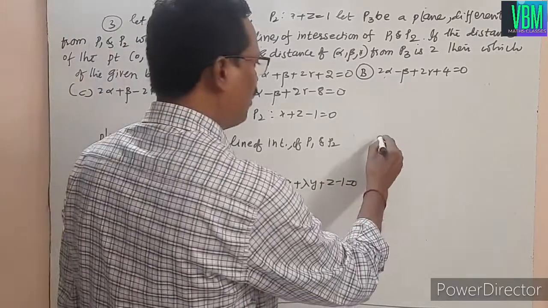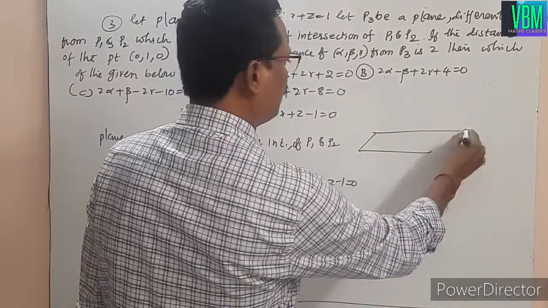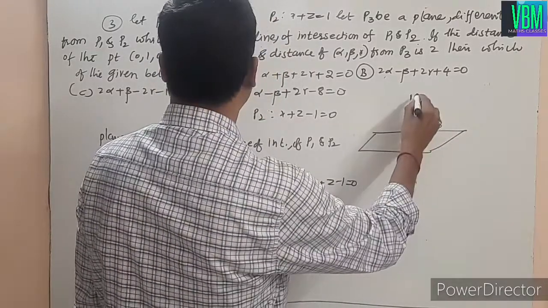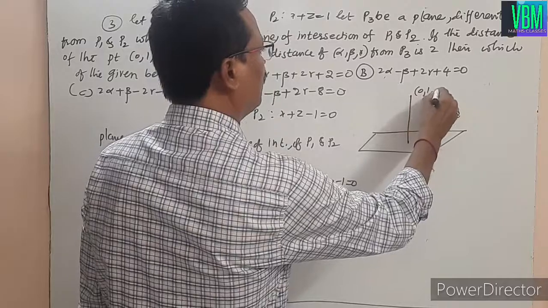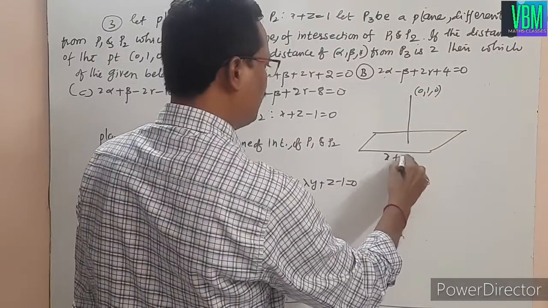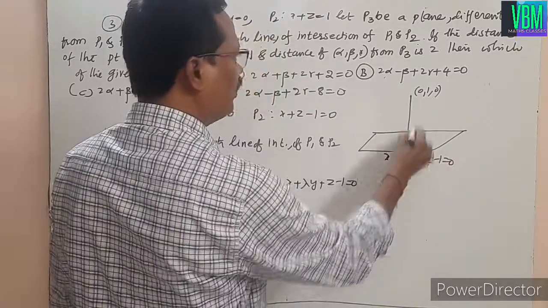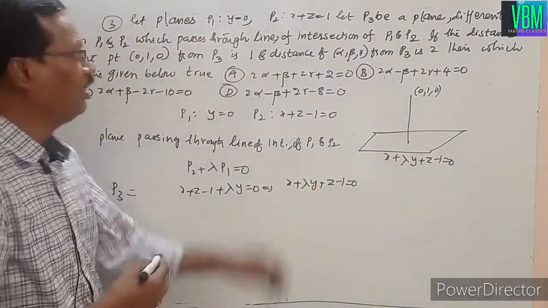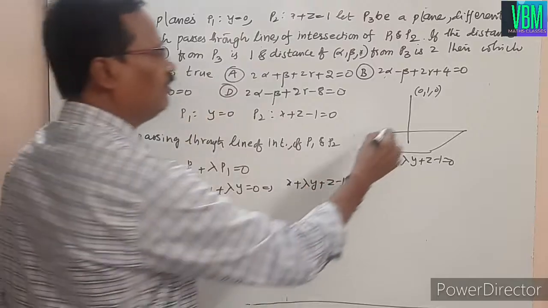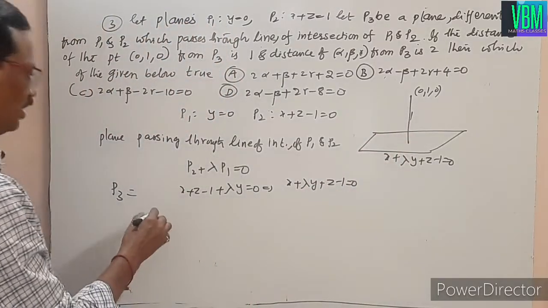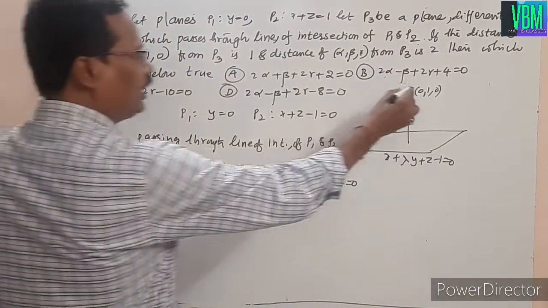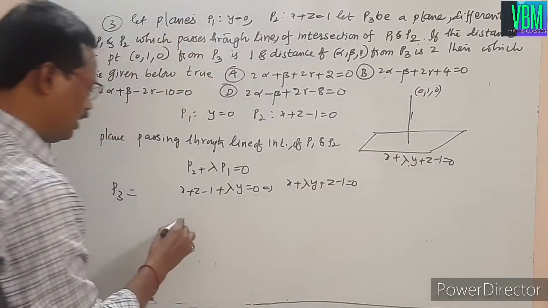This is the plane we are drawing. Now this is the point 0, 1, 0. This is the plane x plus lambda y plus z minus 1 is equal to 0. The distance from 0, 1, 0 to this plane, how much is given? That is 1 unit. Therefore, that is the distance from x1, y1, z1 to this plane. What is that?